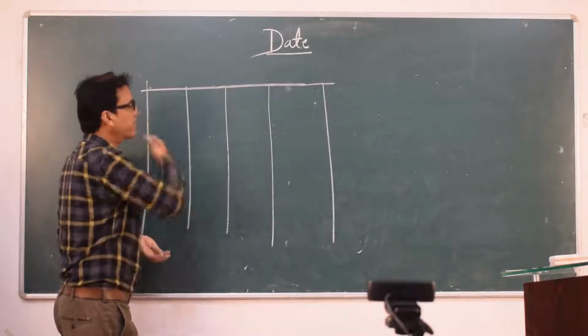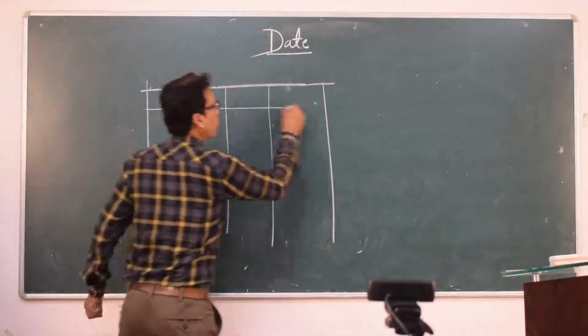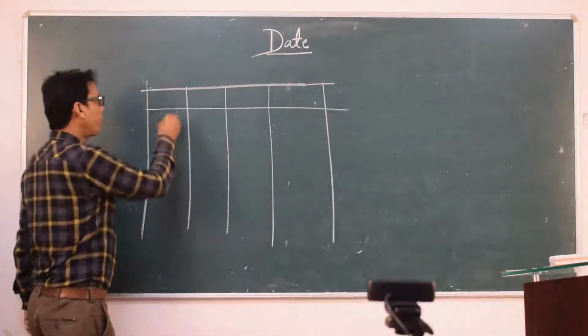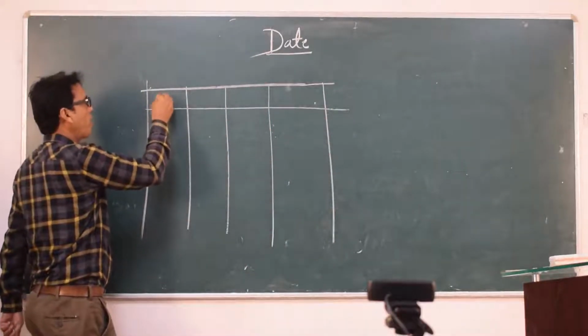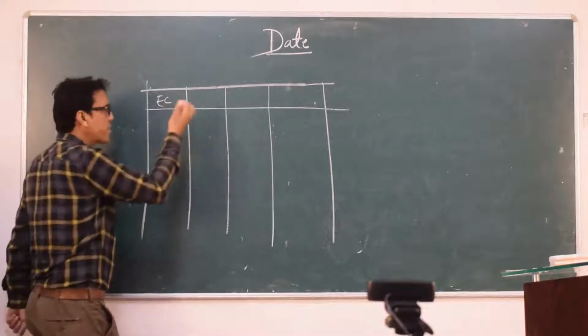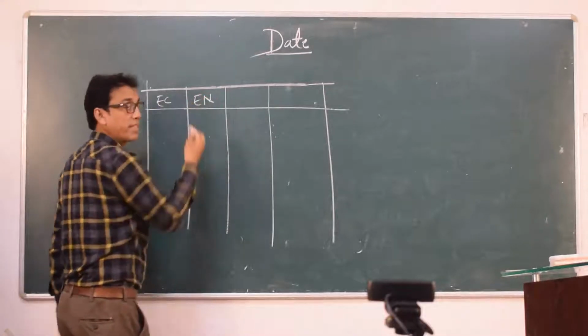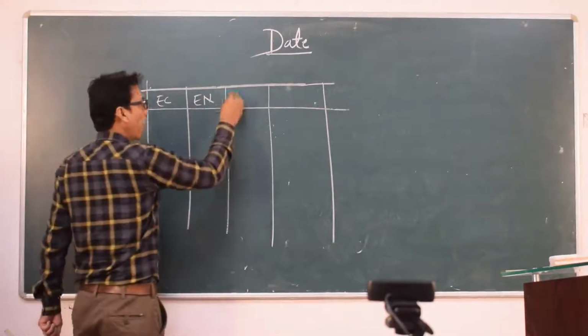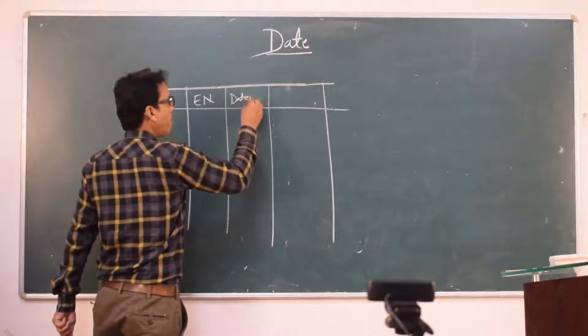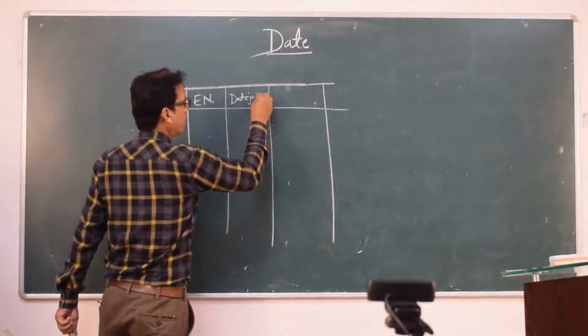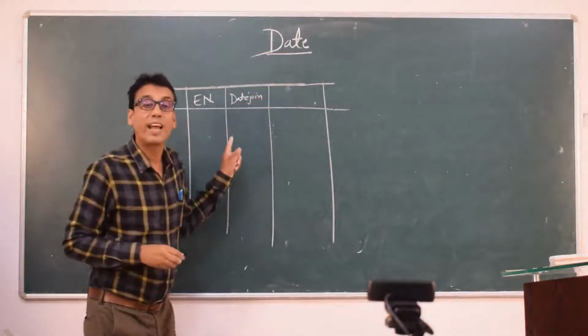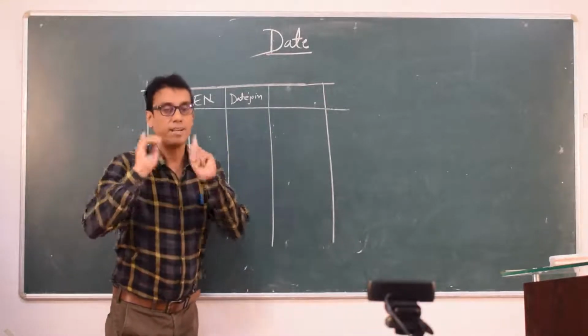That's why it is already divided into rows and columns. Suppose employee code is a number, employee name is a string data type, and we talk about date of joining. We must know that date of joining is a date type.